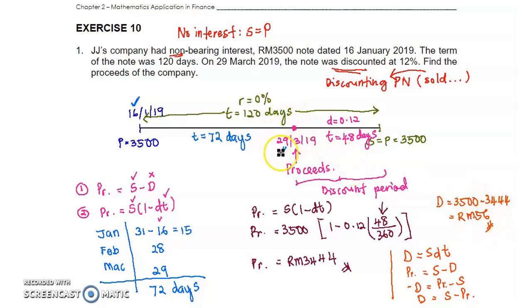So on the date that you discount the note, you only receive 3,444 ringgit. So that is discounting a promissory note. For this topic, I advise you to extract the information into a timeline like this, so it is easy for you to write the respective values.